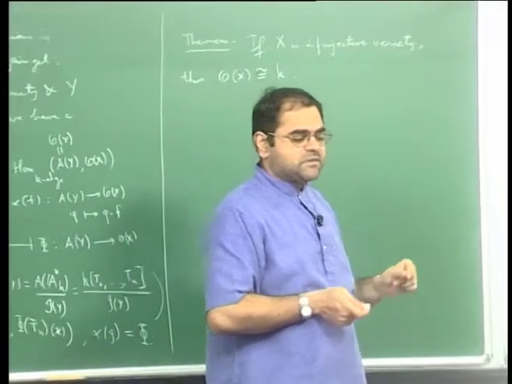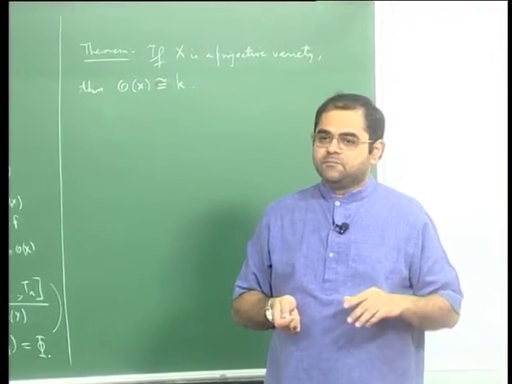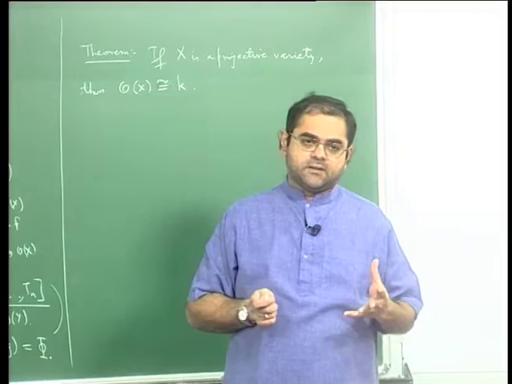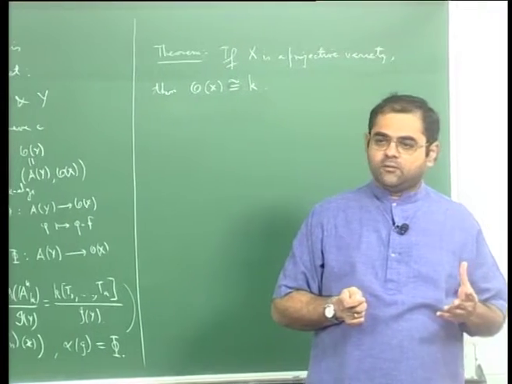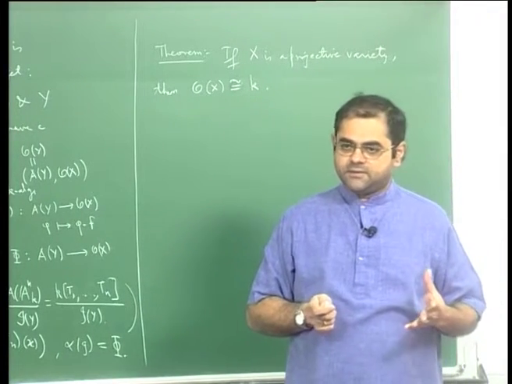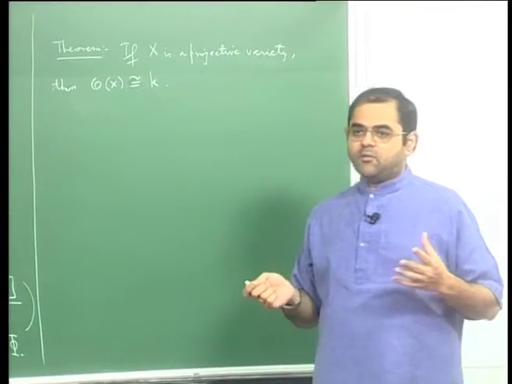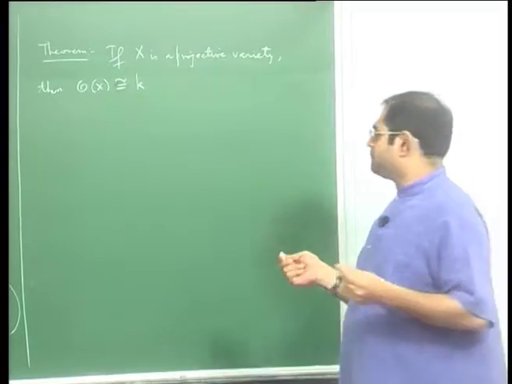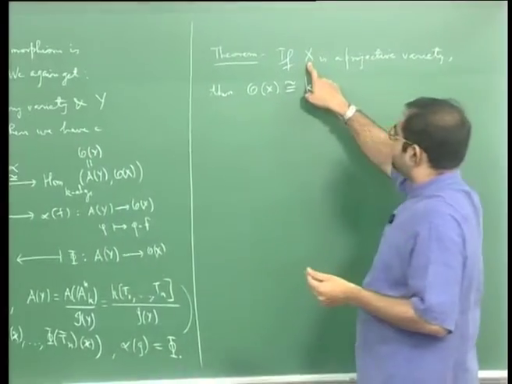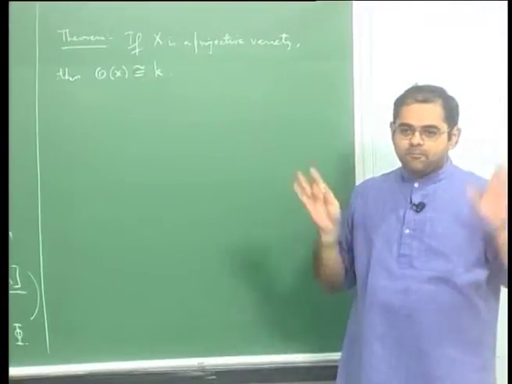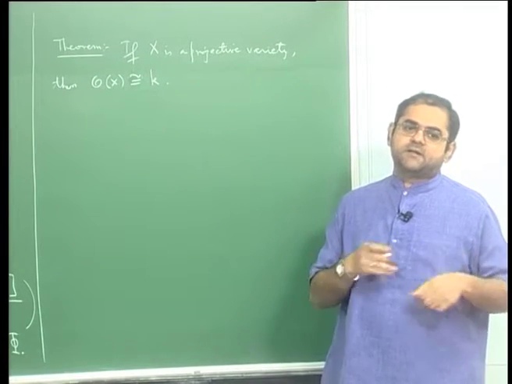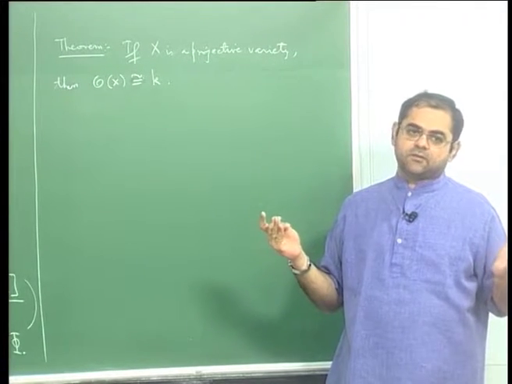So you must think of this as an analog of the fact that if you have a compact complex manifold, then the only global holomorphic functions on it will be constant, and that is just because of Liouville's theorem, that a bounded entire function is a constant. So you must think of X as being compact, and therefore it does not admit any global functions which are not constant.